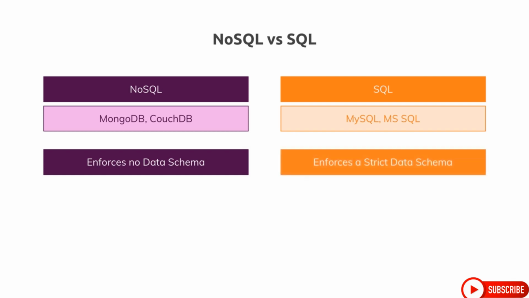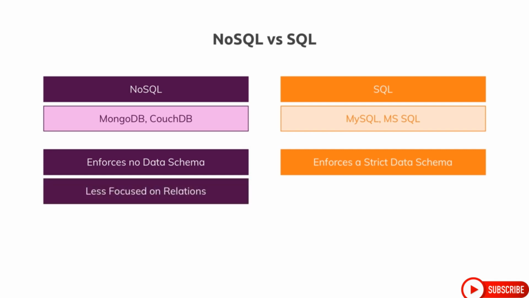Now, in SQL databases, you typically have a more strict data schema, and all records in a table have to have the same look and the same schema. A NoSQL database also is less focused on relations. You can still create relations by storing the ID of one document, as it's actually called, in another document, but they play less of a role than they do in SQL.